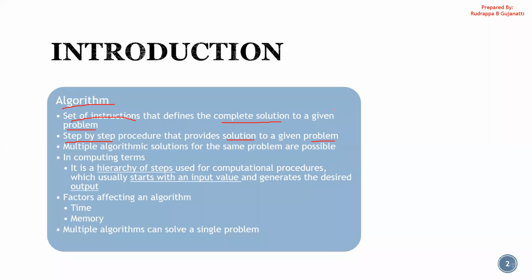Now, there is a chance that the same problem can be solved in multiple ways. Therefore, you can have multiple algorithmic solutions for the given problem. Say, for example, you want to add two numbers, a plus b. In general, we can use the plus operator.